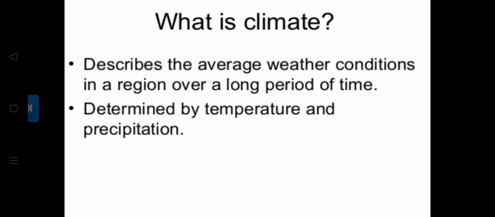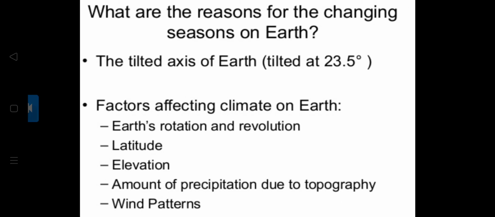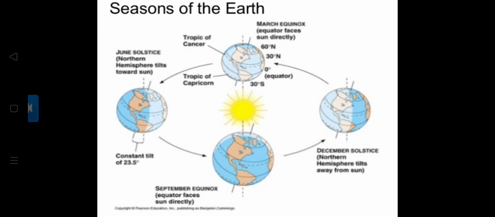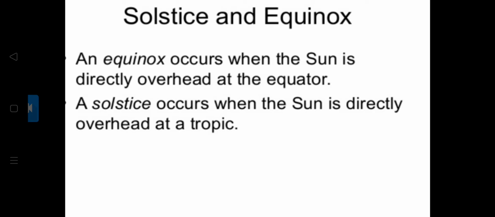This is basic information, just a basic revision of what climate means, what the different types of equinoxes are and all of that, seasons. What are the reasons for the changing seasons on Earth, the seasons of the Earth, the solstice and equinox.